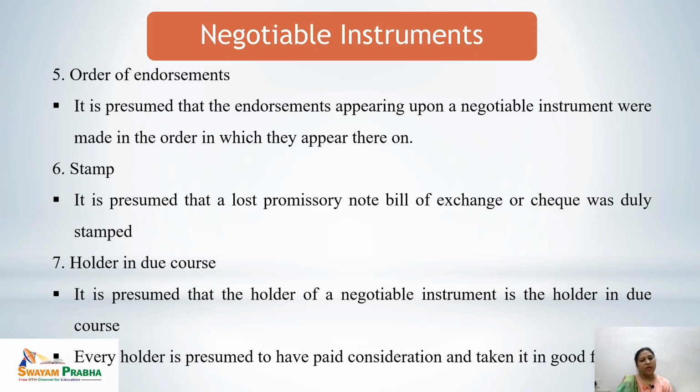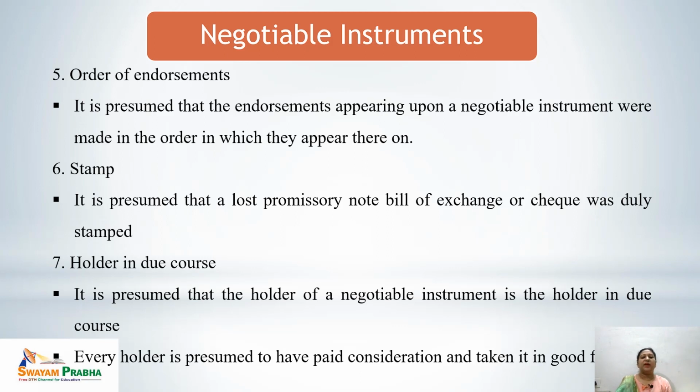So the order of the writing of those endorsements would presume that this is the order in which they were endorsed. Let's say it was first endorsed to Mr. A, then Mr. B, then Mr. C. So this order would be mentioned on the face of the negotiable instrument, and this is the order in which they appear.